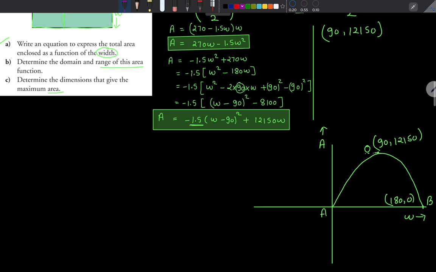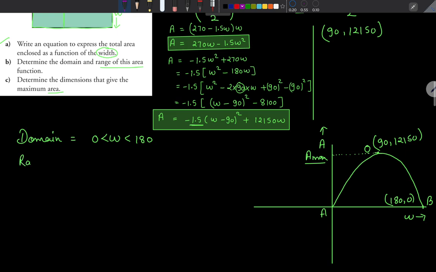As you can see, at this point the area will be maximum. Now let's calculate the domain and the range. From this graph we can easily predict that the domain is W greater than 0 and W less than 180. This will be the domain of the function.